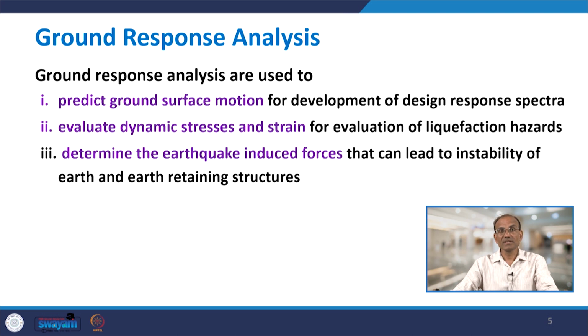It is also used to evaluate dynamic stresses and strains for evaluation of liquefaction hazard, so when we discuss the liquefaction chapter, this GRA will be used there also. It is also used to determine the earthquake induced forces that can lead to instability of earth and earth retaining structures. So, for earth dams or earth retaining walls, the forces induced by an earthquake will also be covered by this GRA.